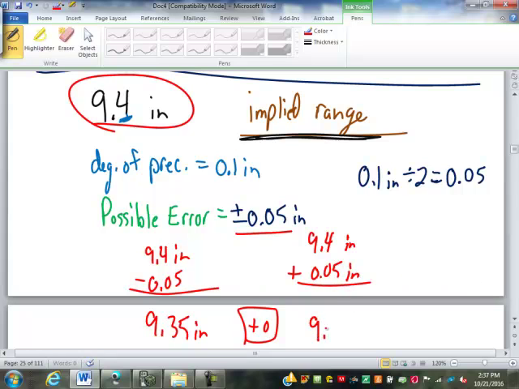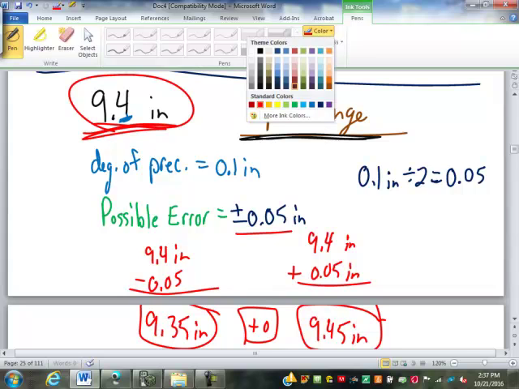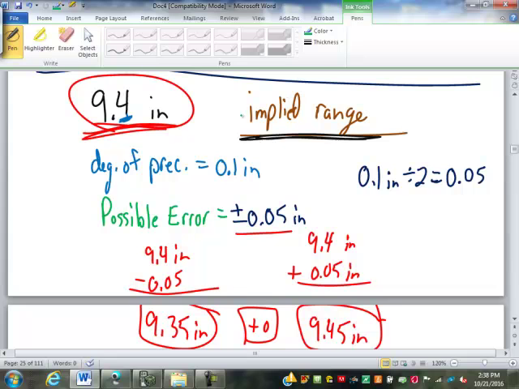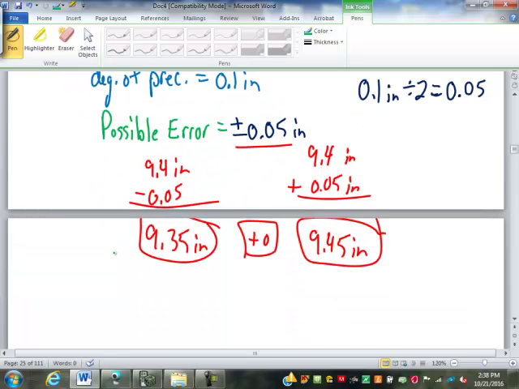So 9.45 inches. So 9.4 inches, knowing that that's a measured number, is implying that whatever we measured is actually between 9.35 and 9.45 inches.